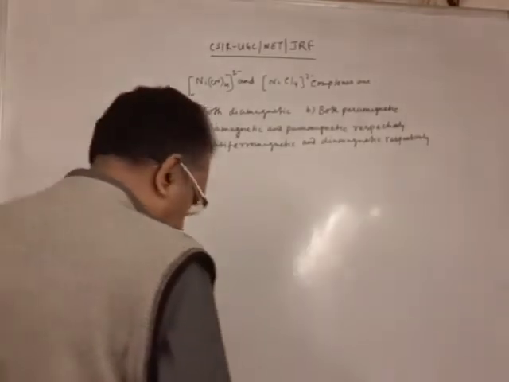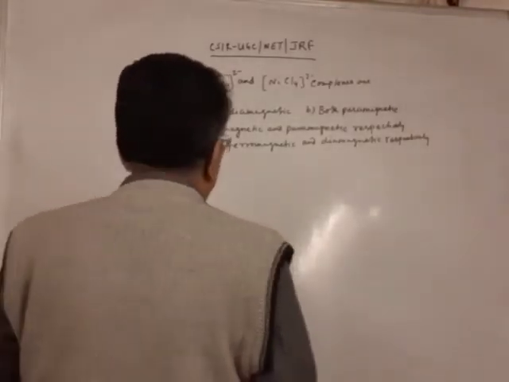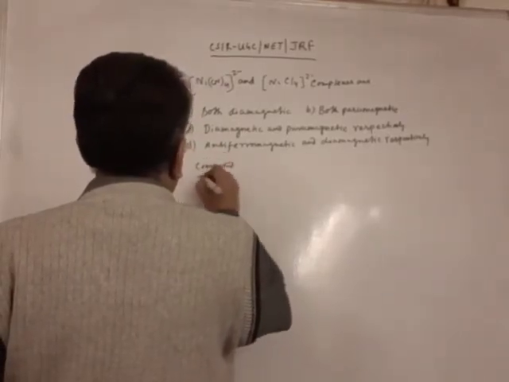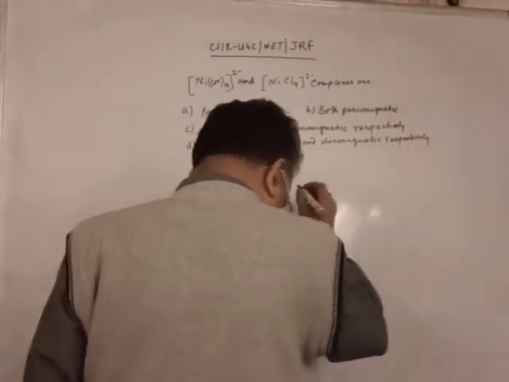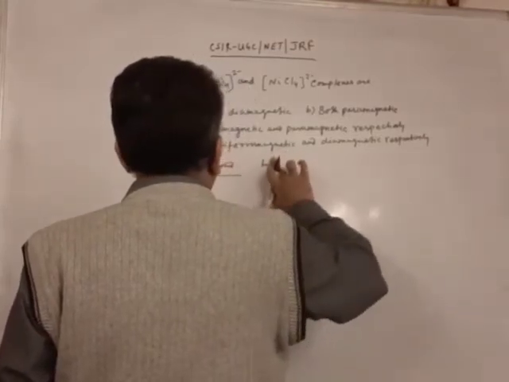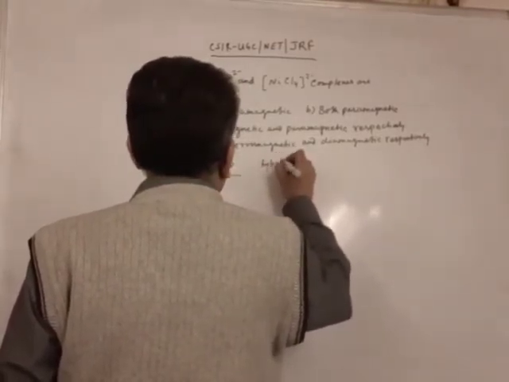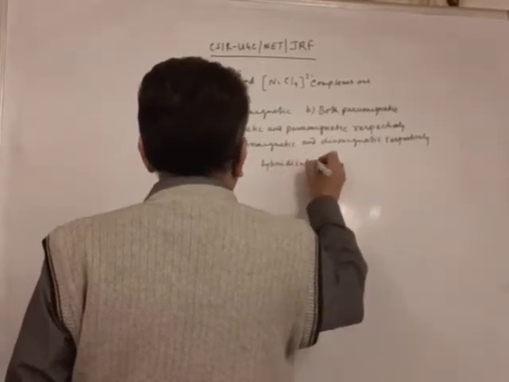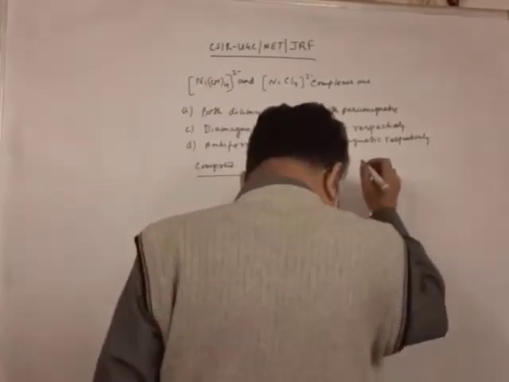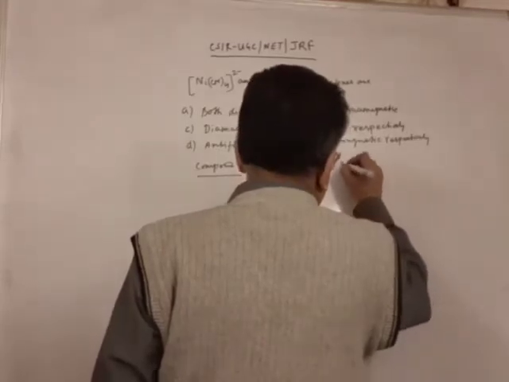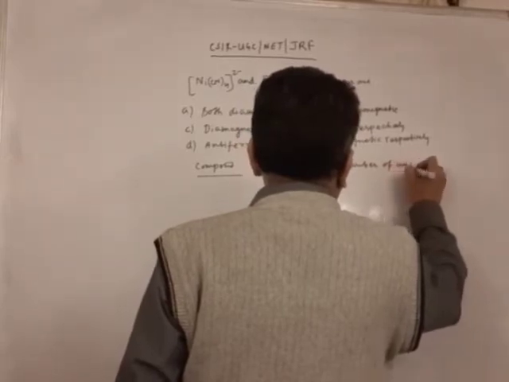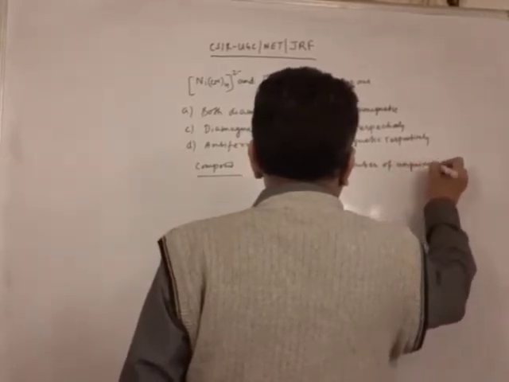Now to solve the problem, we make a table like this: compound, hybridization, and number of unpaired electrons.